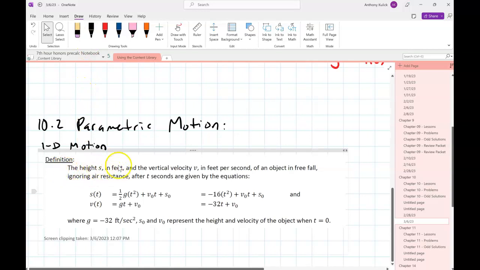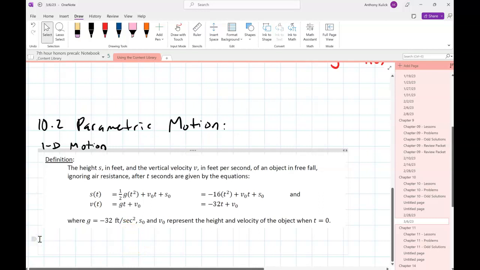The height S in feet and the vertical velocity V in feet per second of an object in free fall, ignoring air resistance, after t seconds are given by the equation S of t equals 1/2 g t squared plus v naught t plus s naught, or v of t equals g t plus v naught, where g is gravity, that's negative 32 feet per second squared.